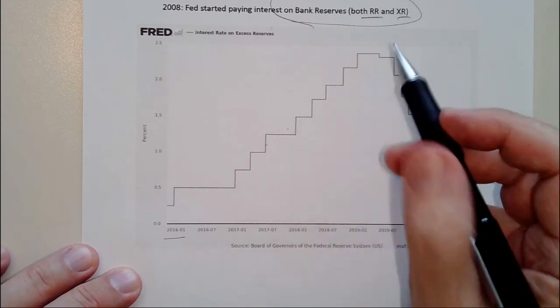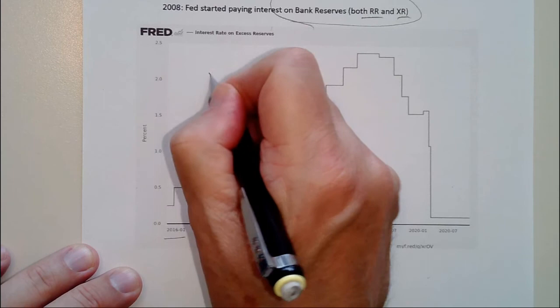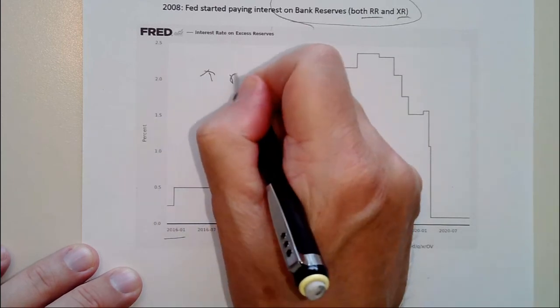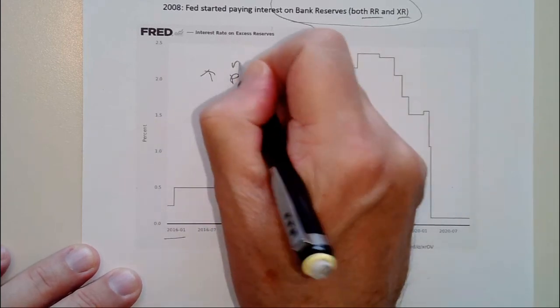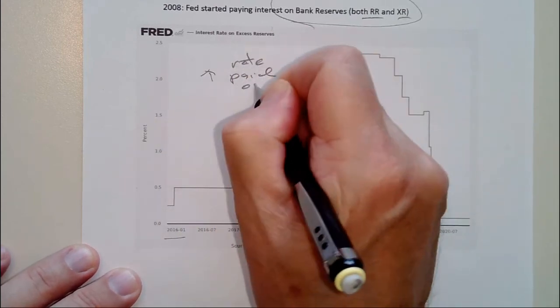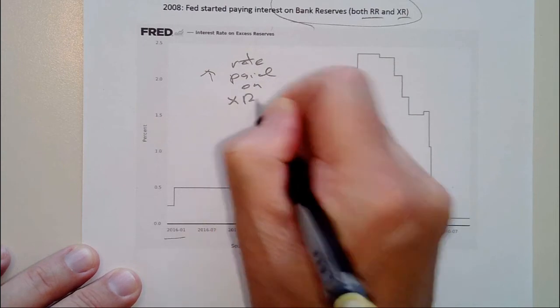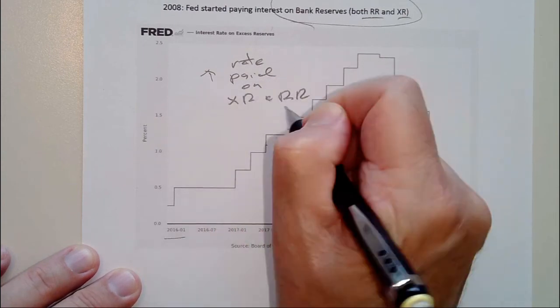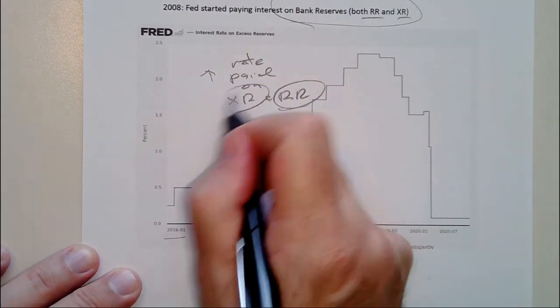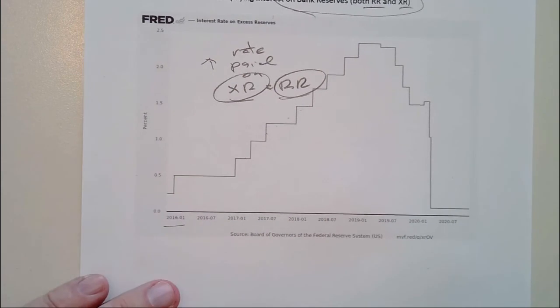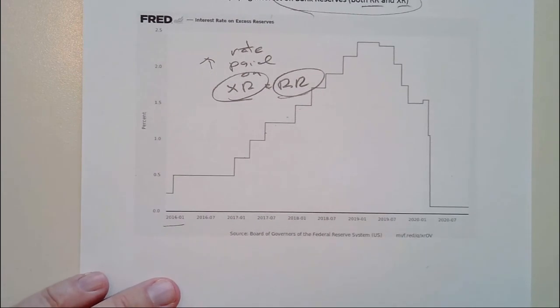So to make it more attractive, when this rate goes up, the rate paid on reserves, both excess and required, doesn't affect the required amount, that's required, but it's designed to increase excess reserves. They're trying to get banks to leave more money on deposit with the Fed, therefore it's not being loaned out to you and I. Again, designed to slow down spending, slow down aggregate expenditures.